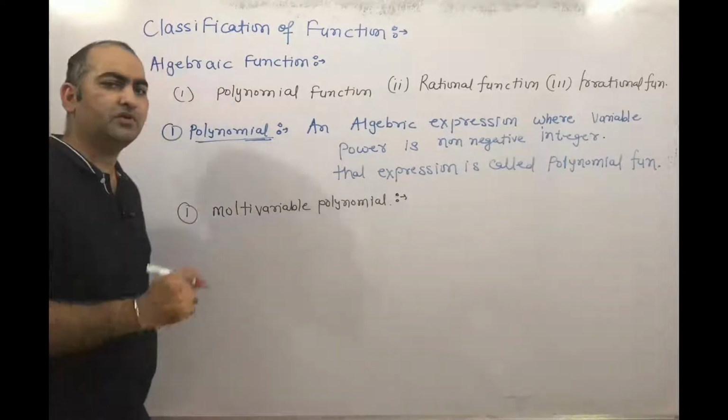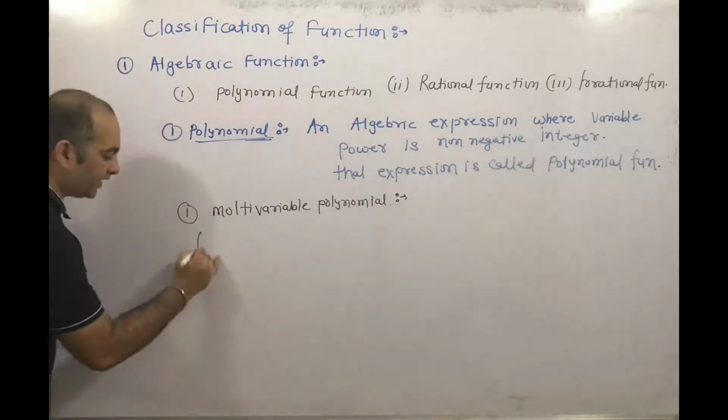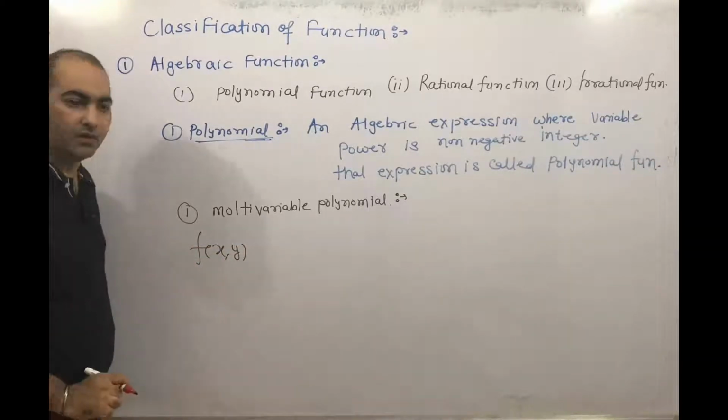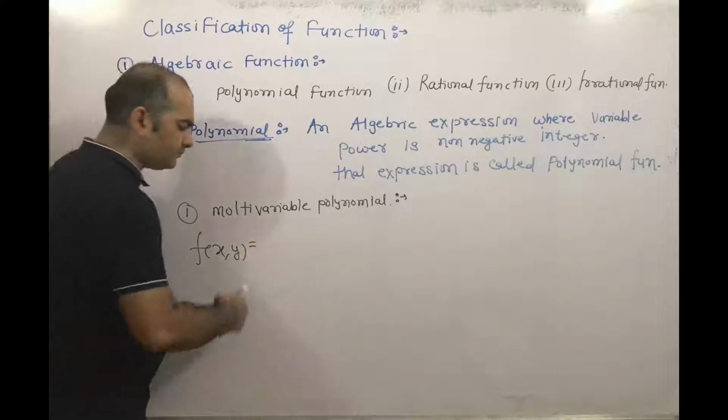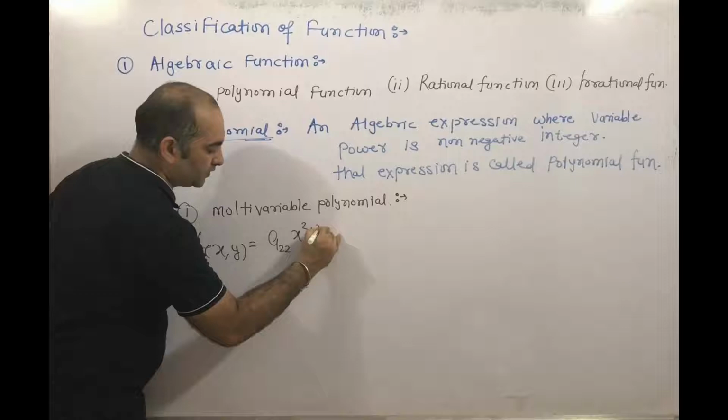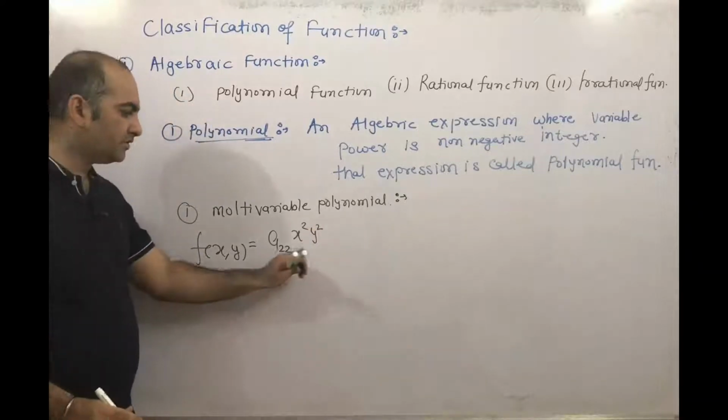For example, I am discussing a two variable expression, f of x comma y. So x and y both are variables. Here, for example, a22 x square y square. So a22 is the coefficient; x power is 2 and y power is 2.